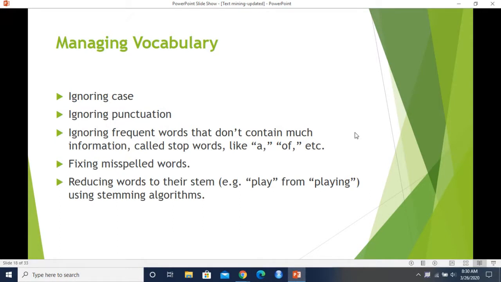As such, there is pressure to decrease the size of the vocabulary when using a bag of words model. There are simple text cleaning techniques that can be used as a first step, such as ignoring case, ignoring punctuation, ignoring frequent words that don't contain much information, called stop words, like a, of, etc., fixing misspelled words, and reducing words to their stem, for example play from playing, using stemming algorithms.